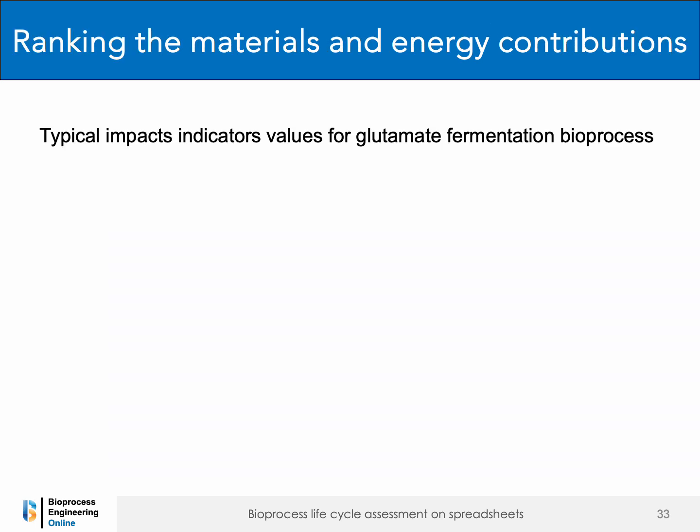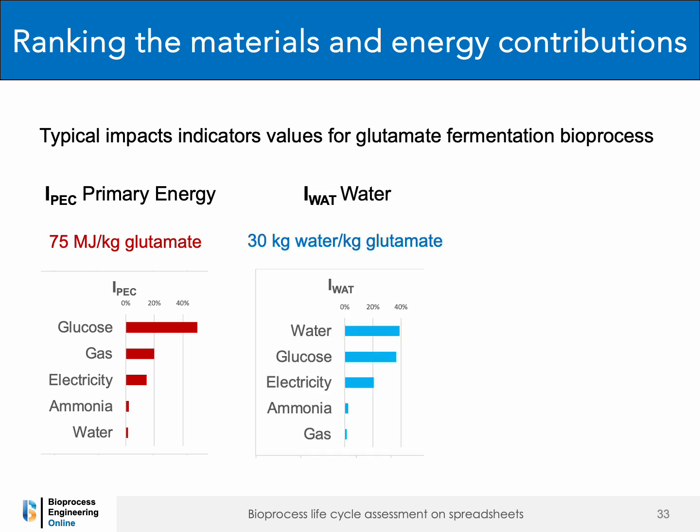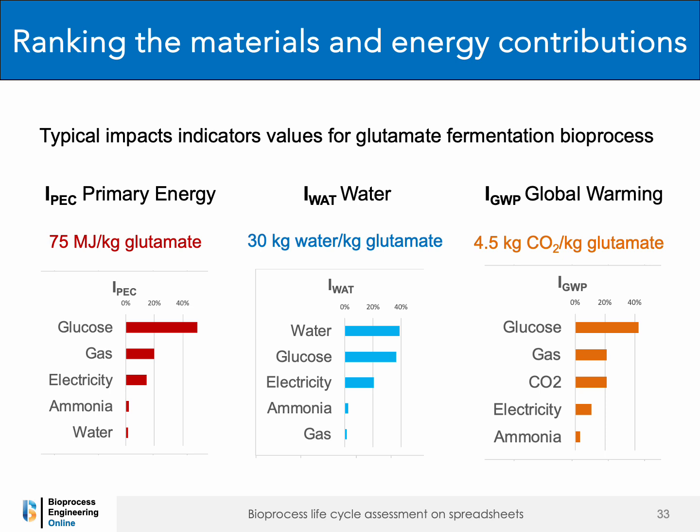In the case of the glutamate process, the spreadsheet indicates the following indicators per kilogram glutamate for the three assessed impacts: 75 megajoules for the primary energy consumption. The two most important contributions are from glucose and gas. 30 kilograms water for the water consumption. Main contributions are from fermentation media water and glucose. 4.5 kilograms CO2 for global warming potential.